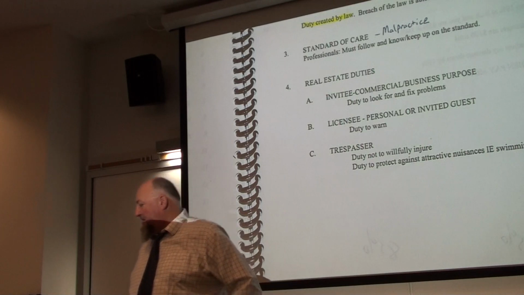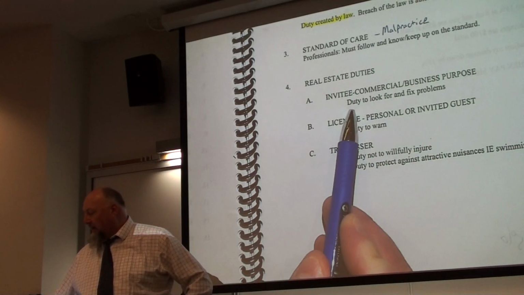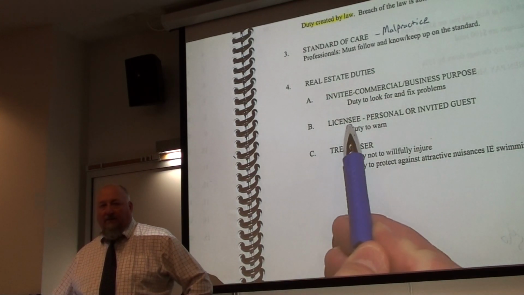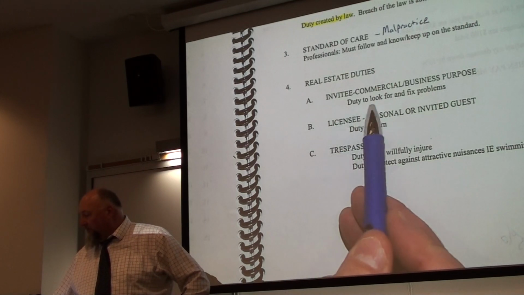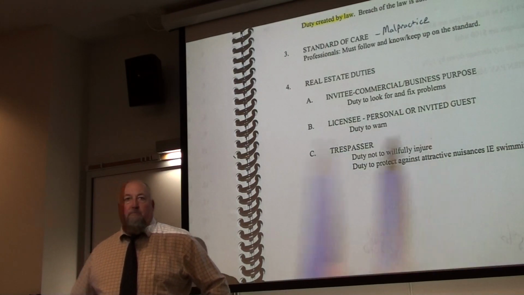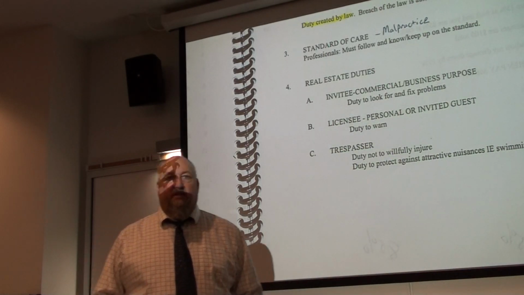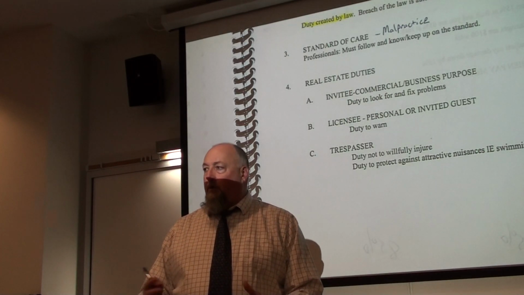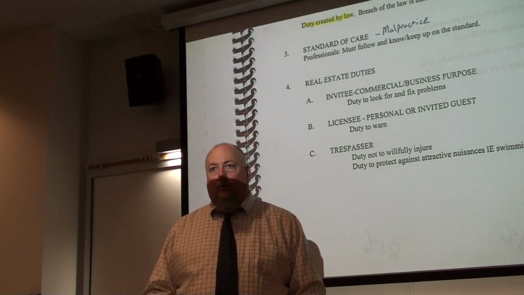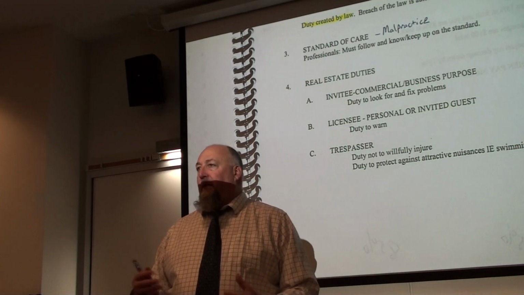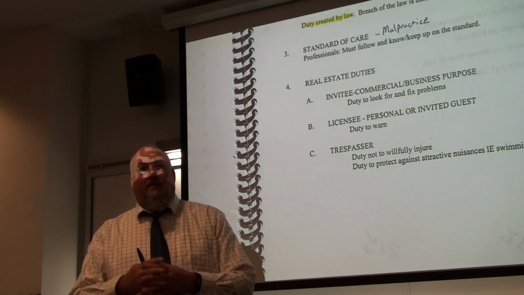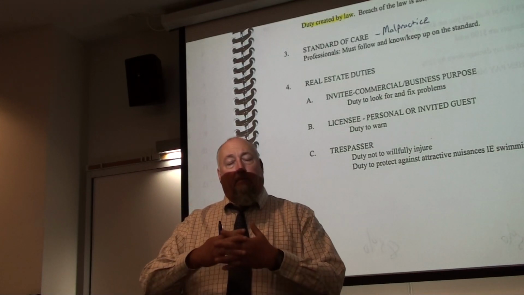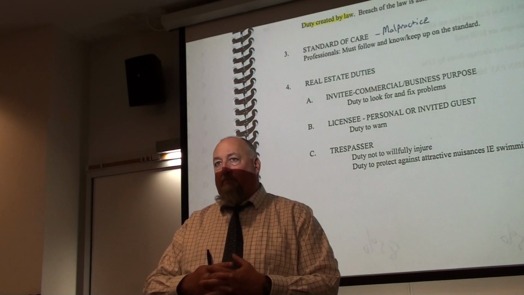And what that means then is you have an obligation to be proactive, to go look for problems and fix problems, or take appropriate steps if the problem cannot be fixed, to either close the area down, adequately warn, and that sort of thing. So this is the idea that you need to go out and look for problems.